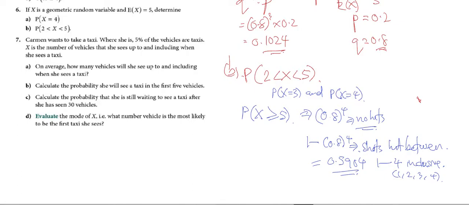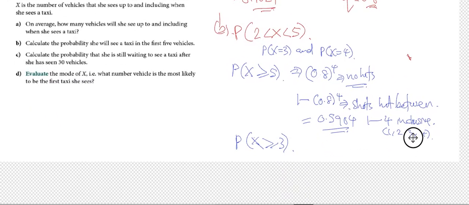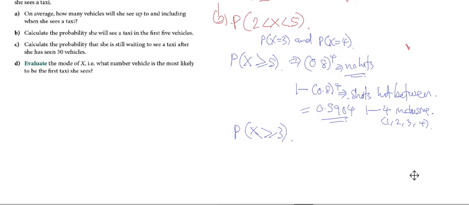Now let's use the same method. What's the probability of X greater than or equal to 3? It means there's no hit for the first 2, so 0.8 to the power of 2. These are no hits.